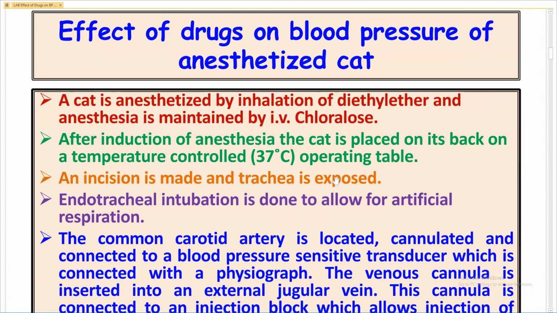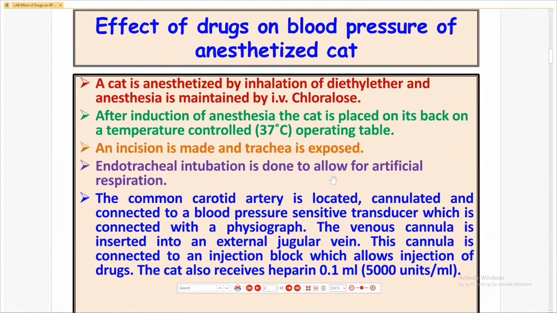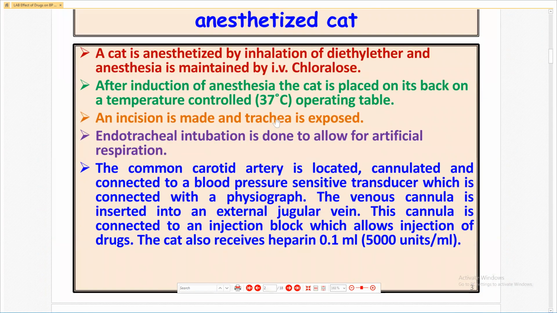Here we are using the animal cat, effect of drug on blood pressure of anesthetized cat. A cat is anesthetized by inhalation of diethyl ether, and anesthesia is maintained by IV chloralose.